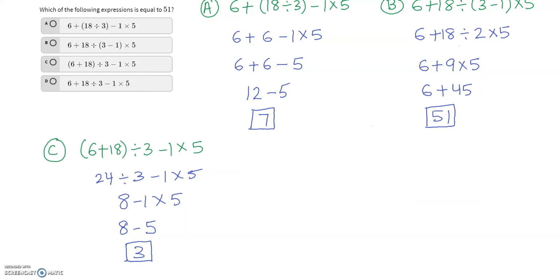And you can check option D as well, which is 6 plus 18 divided by 3 minus 1 times 5. Now I will do the dividing first because there are no brackets in this case. Everything else is the same. 6 is the same, plus sign is the same. 18 divided by 3 will give me 6, minus 1 times 5.